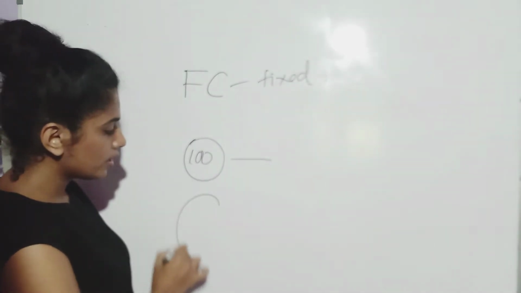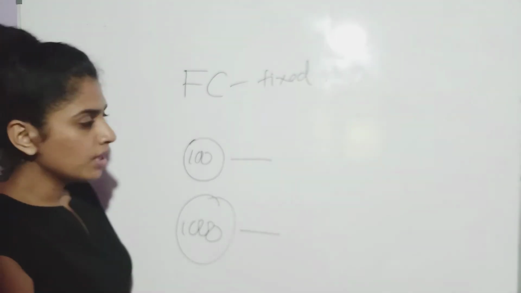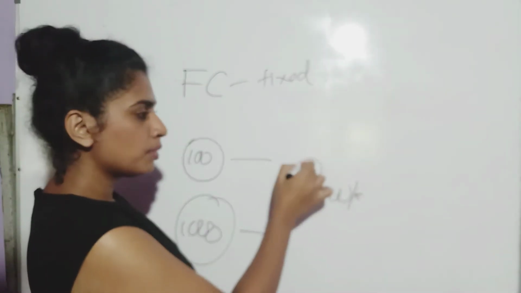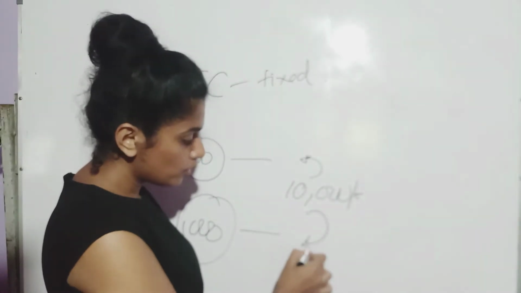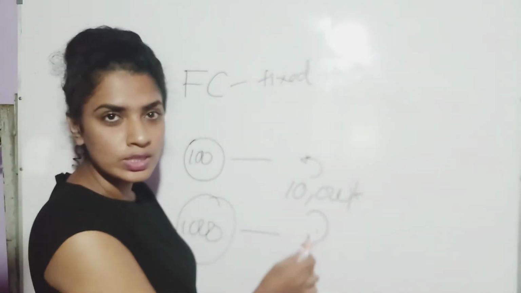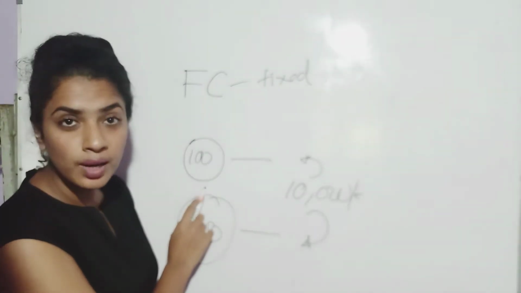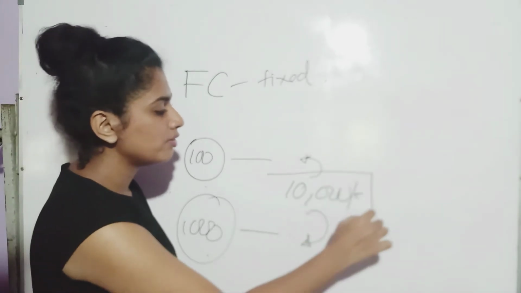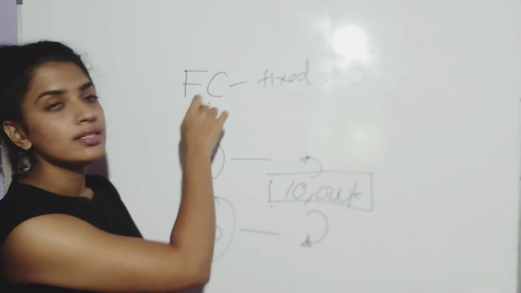Then, in your second month, you're producing 1,000 plants. But when we take the rental, in the first month also you need to pay 10,000 as your rental. In the second month also you need to pay 10,000 as your rental. So you see here whether you are producing 100 plants or 1,000 plants or 2,000 plants, your rental remains same. So your rental is a fixed cost.